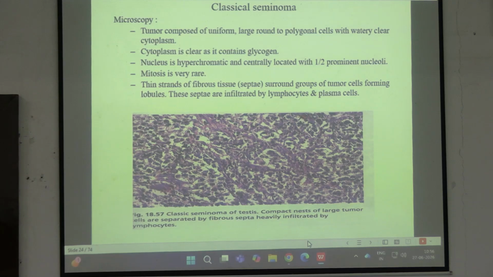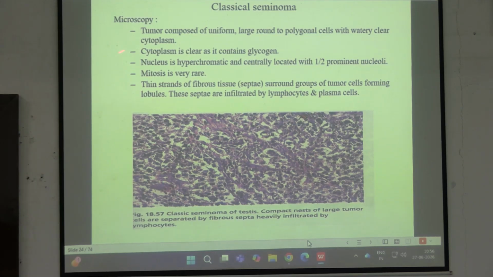Under the microscope, how will this classical seminoma appear? The tumor cells are uniform, large, round to polyhedral cells with watery clear cytoplasm. Why is the cytoplasm so clear? Because of the presence of varying amounts of glycogen.